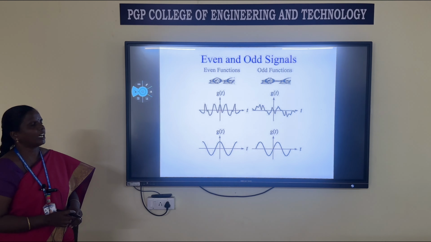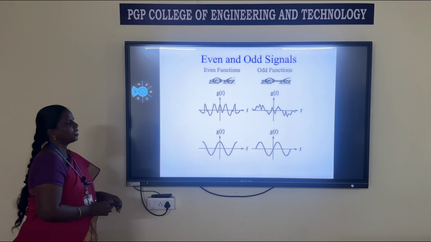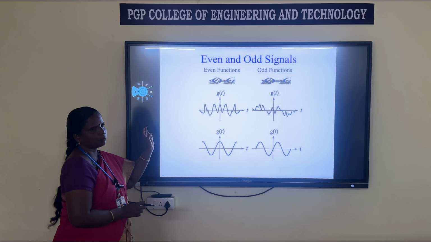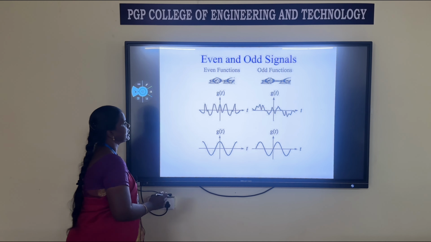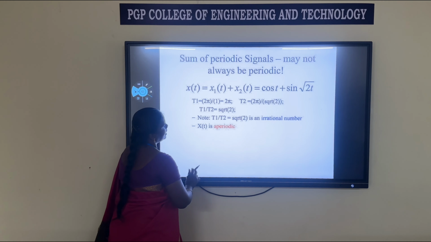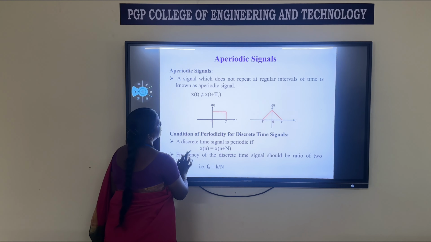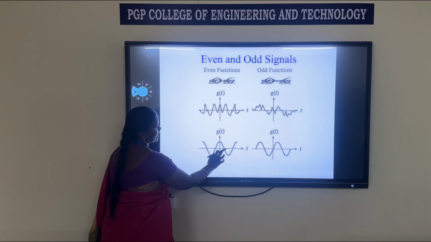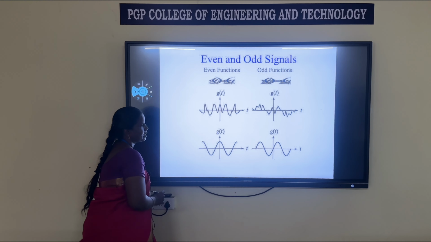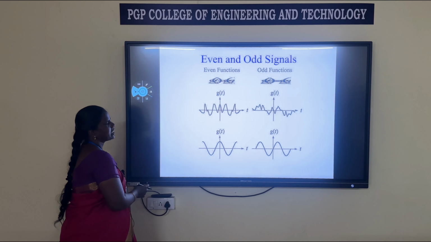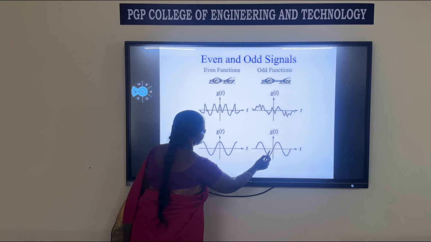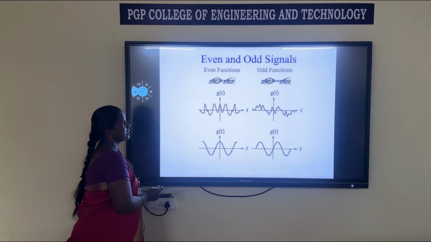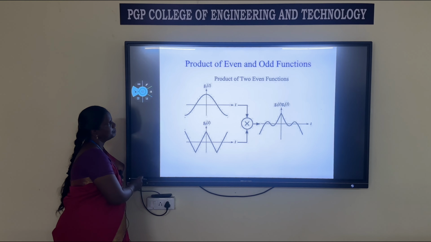So even and odd signals. A signal that is symmetric about the vertical axis is called an even signal. So this is the even signal. Symmetric about the vertical axis is nothing but the even signal. This one is anti-symmetric about the vertical axis, that is called an odd signal.